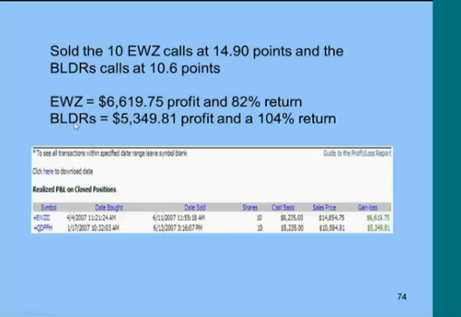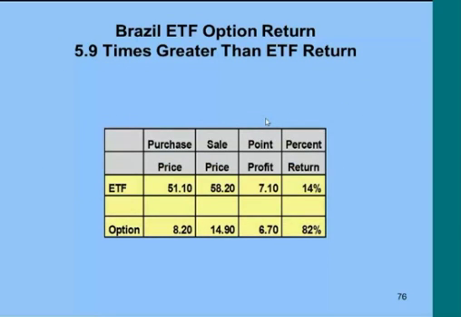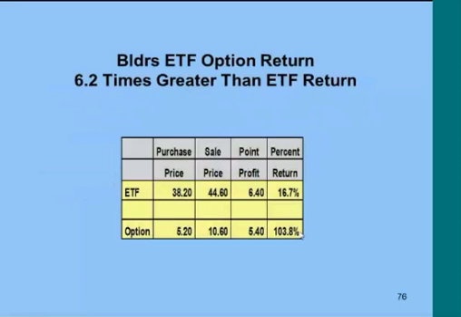And the Builders Emerging Market had a 104% return. Over the same period of time, the Brazil ETF produced a 14% return versus 82% for the option. And the Builders ETF had a 16% return versus 103% for the option.